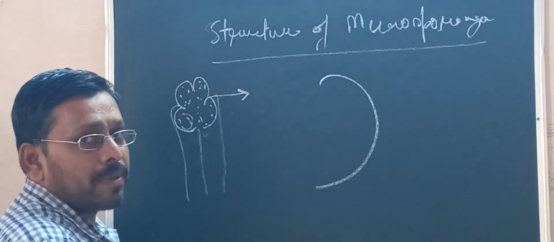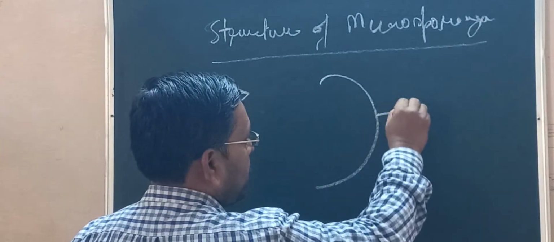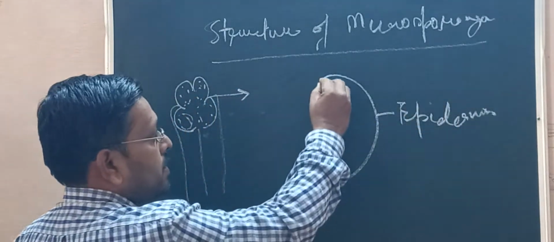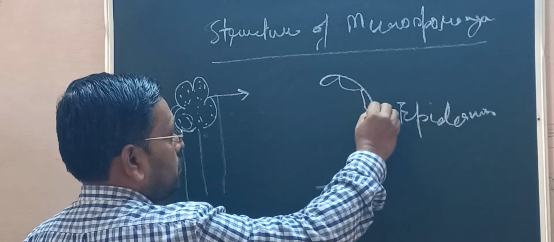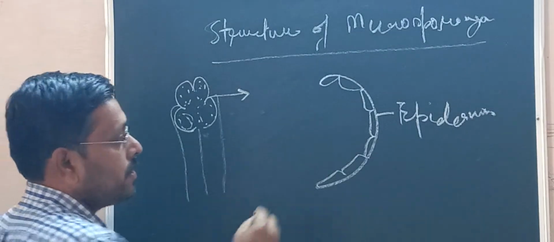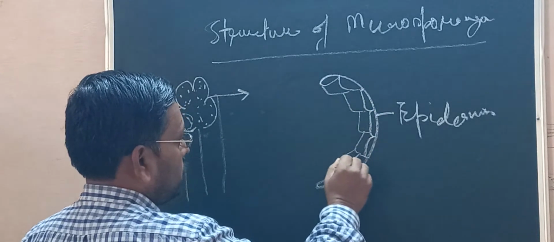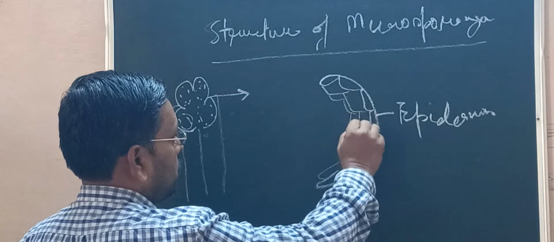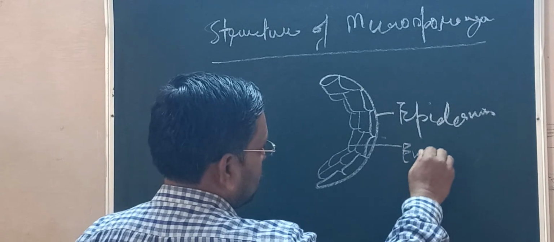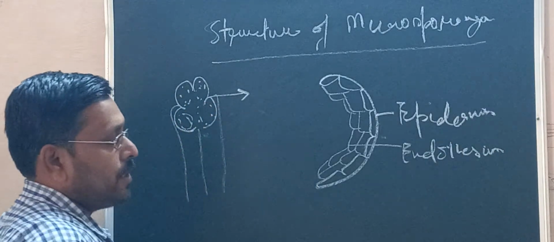This is the outermost layer of the anther wall, called the epidermis. These are the epidermal cells, one layer thick, and then the cells of the endothecium.